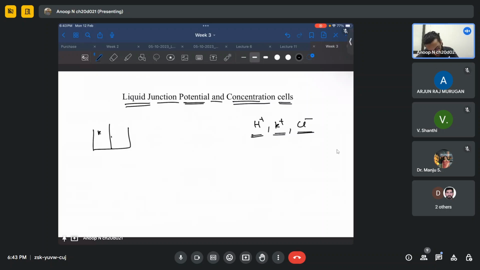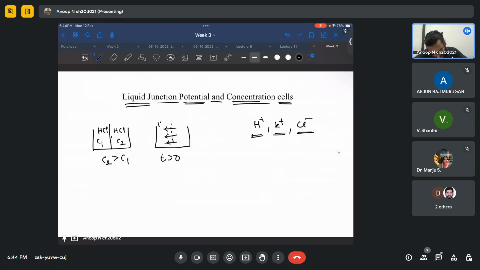I have HCl solution here of concentration C1, and HCl solution of concentration C2, with C2 greater than C1. Suppose I remove the barrier at a time t greater than 0. At the junction, the solution has the tendency to move from the higher concentration region to the lower concentration region, so it will migrate in this direction.